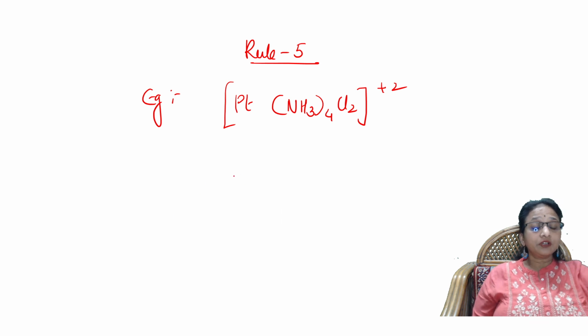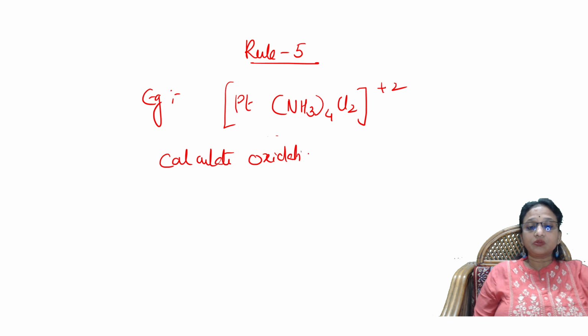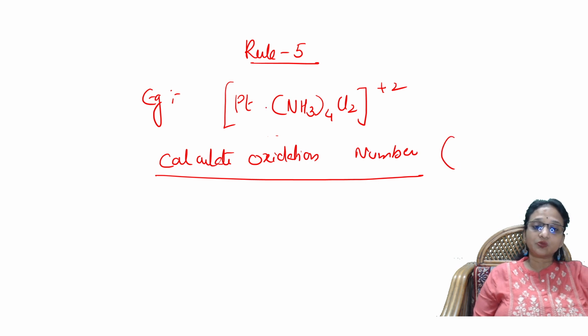You have to first calculate the oxidation state. Remember that. So check or calculate the oxidation number. How to do it? Oxidation number is simple. You will calculate the oxidation number of the central metal.